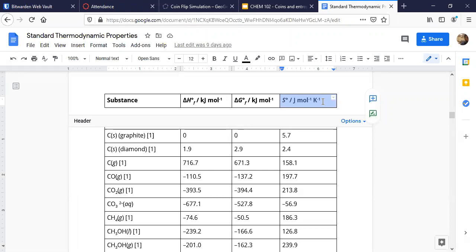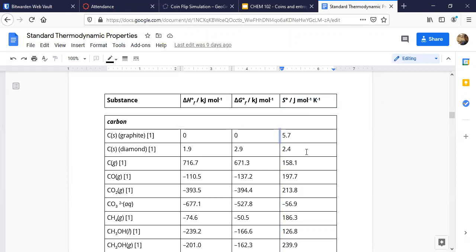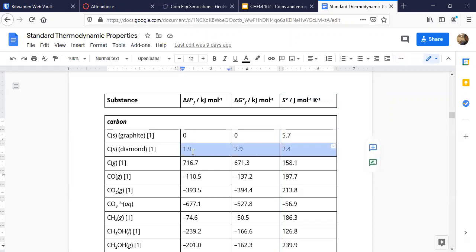Now, remember what I said before about a standard entropy of 0. An absolute entropy of 0 represents a perfectly crystalline, a perfectly ordered substance. And in this particular list over here is the most perfectly crystalline stuff that you know.